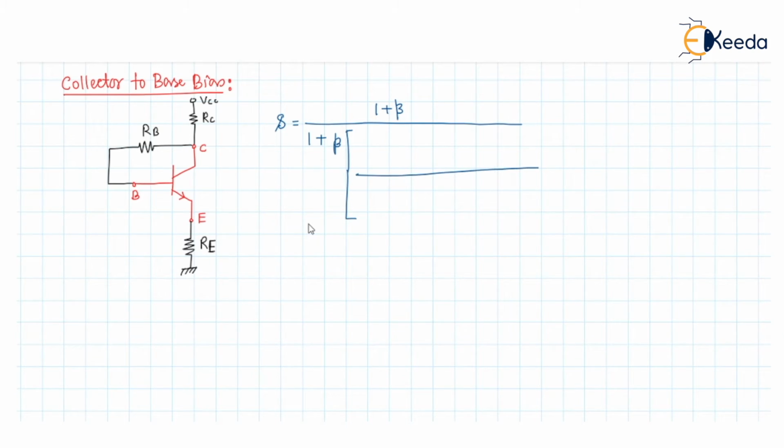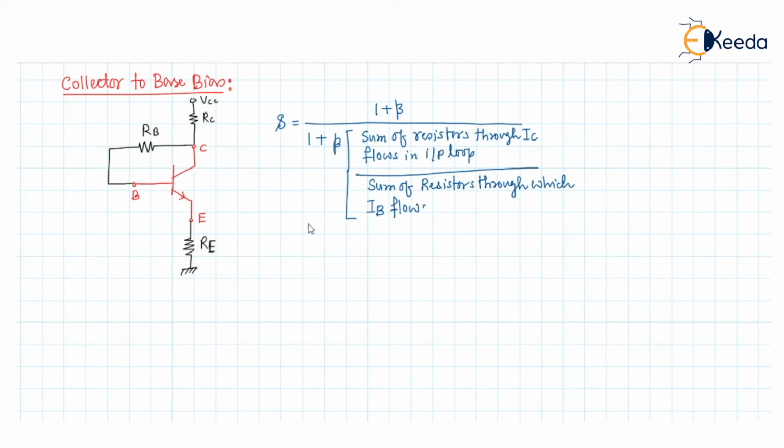In this ratio, the numerator will be the sum of the resistors through which IC current flows in the input loop, and the denominator will be the sum of the resistors through which IB flows in the input loop.